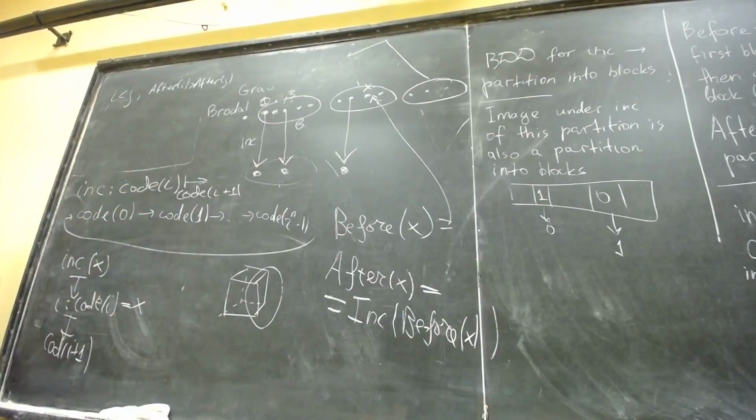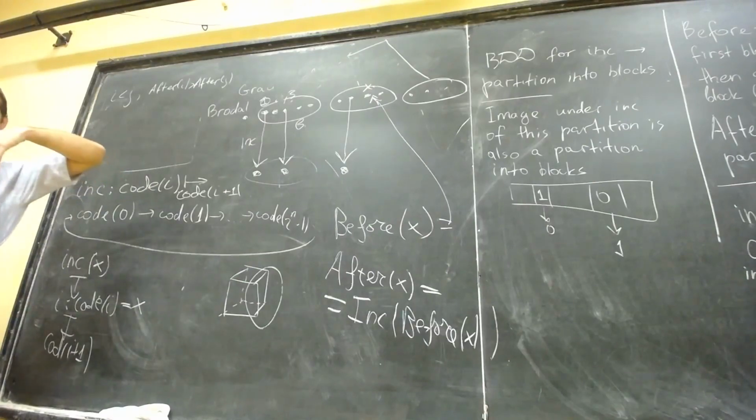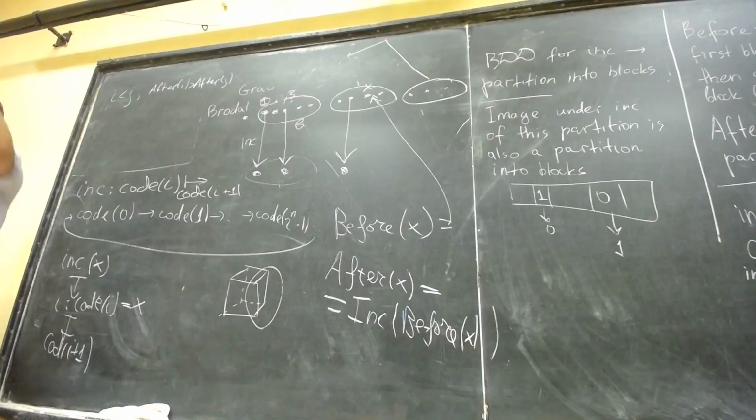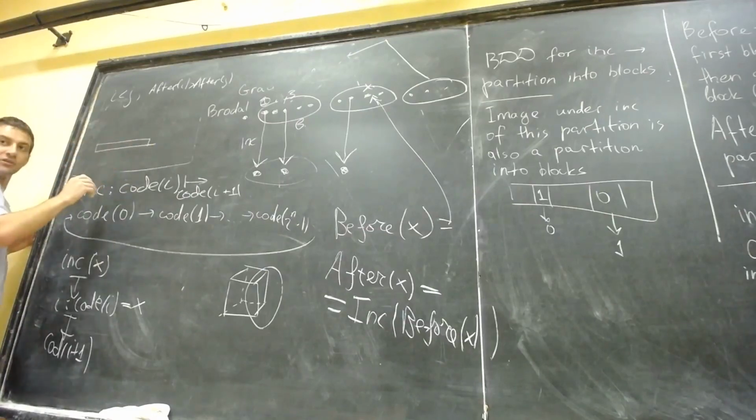But maybe you say that in the blocks, strings are ordered lexicographically. Yes, that I will use. And why does it happen in after? Well, it's inside blocks. They are still ordered lexicographically, because when we do a parallel translation of the entire block, we have two strings in before.